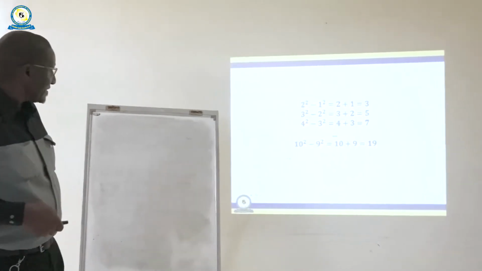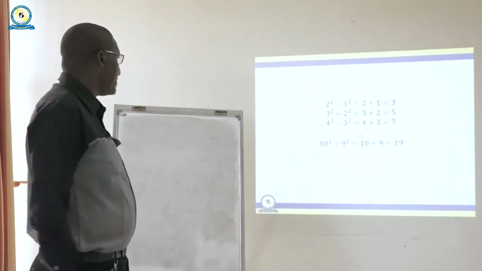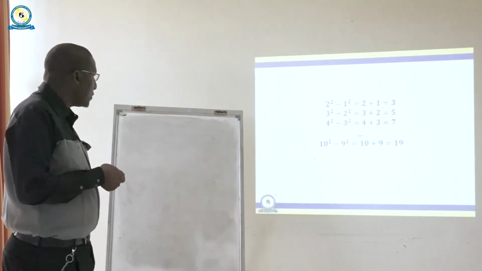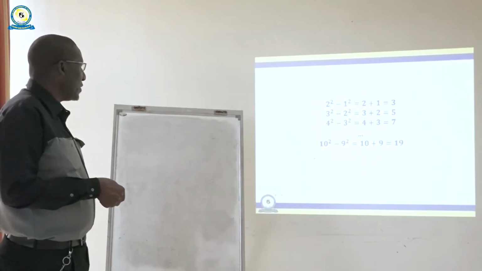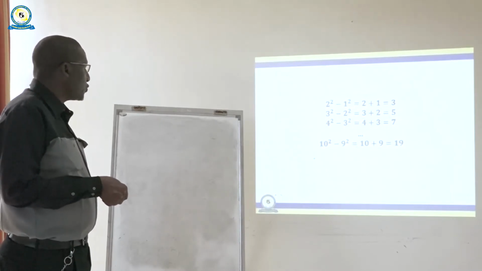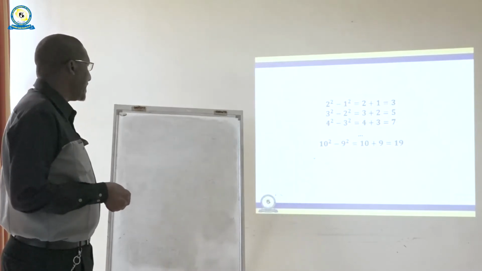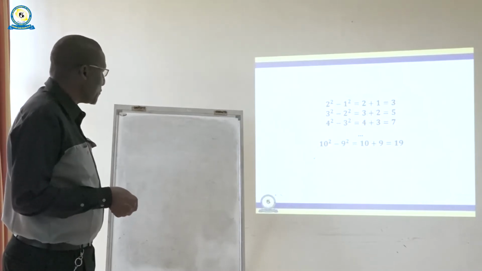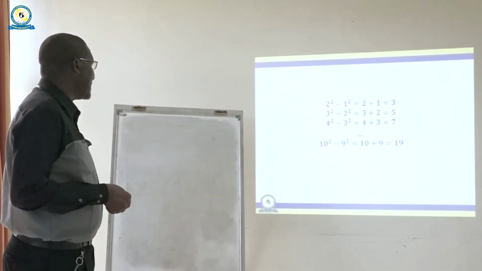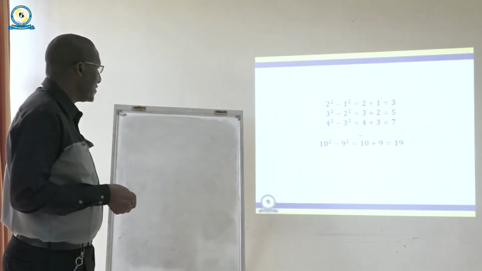Also, there is another pattern. 2 squared minus 1 squared equals 2 plus 1 equals 3. 3 squared minus 2 squared equals 3 plus 2 equals 5. 4 squared minus 3 squared equals 4 plus 3 equals 7.